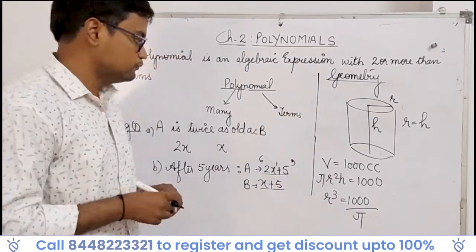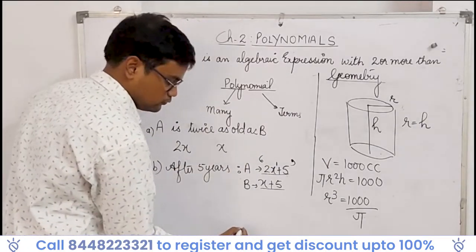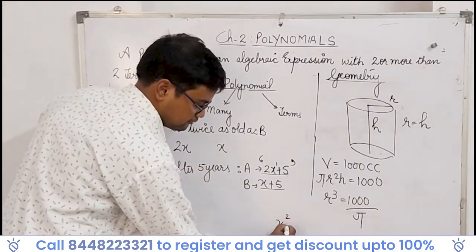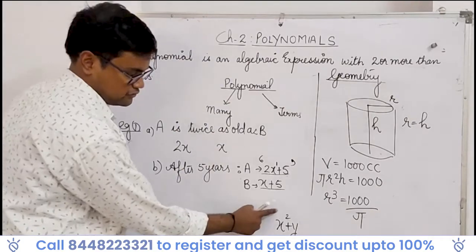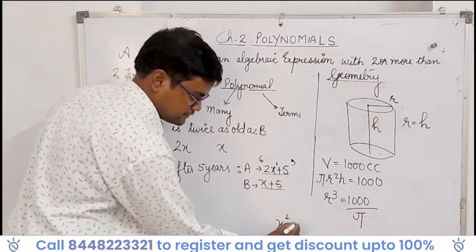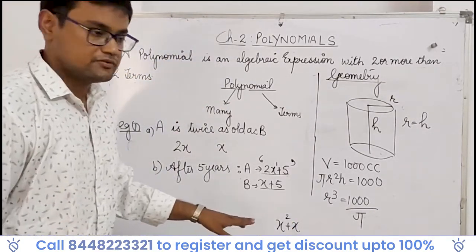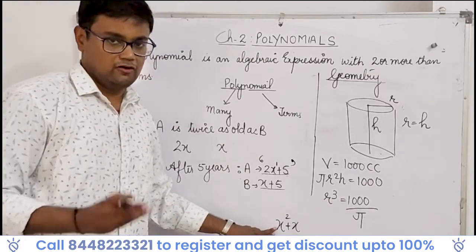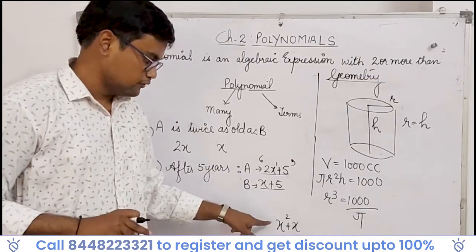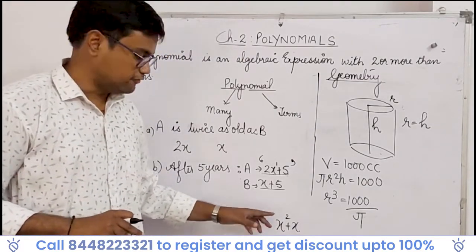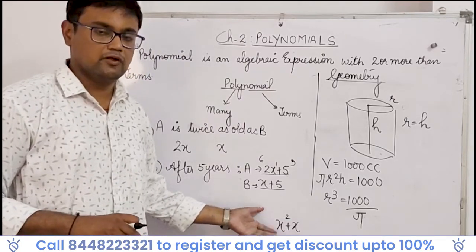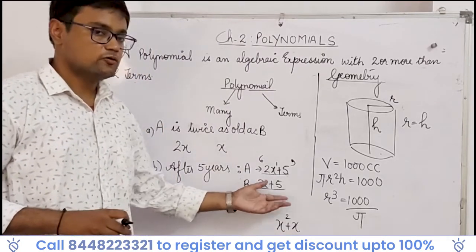If the power is 2, for example x square plus y or x square plus x, because in our syllabus we are confined to studying polynomials in only one variable, it will be a quadratic polynomial. Now there is a reason why it is known as quadratic.